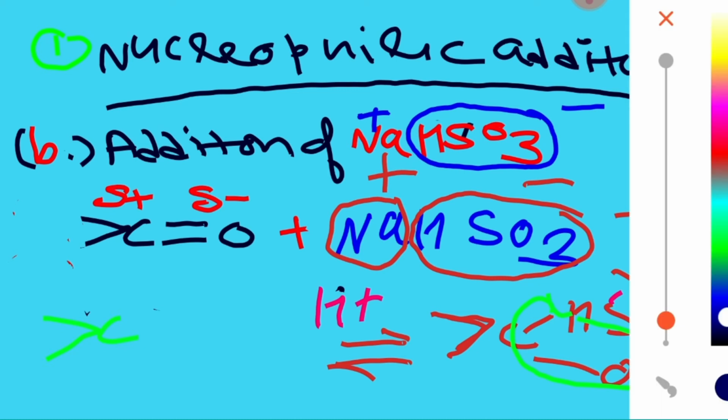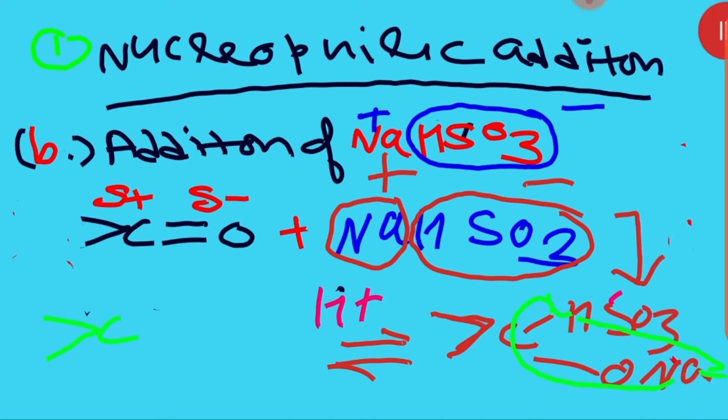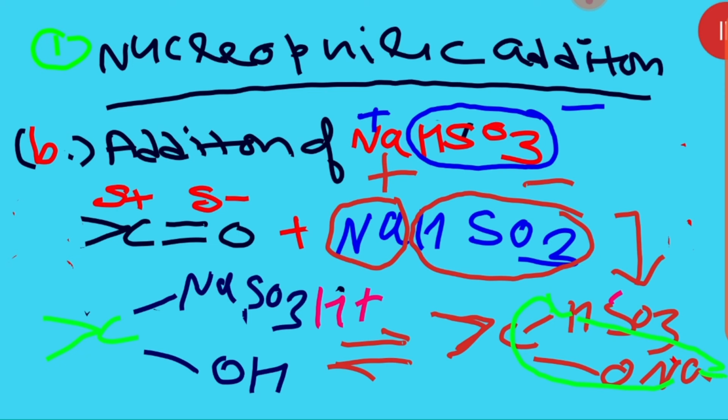Then the product will be C with SO3Na on the upper side and OH on the downside. This H came at the place of sodium and sodium went at the place of H. And what we are getting is the final product.